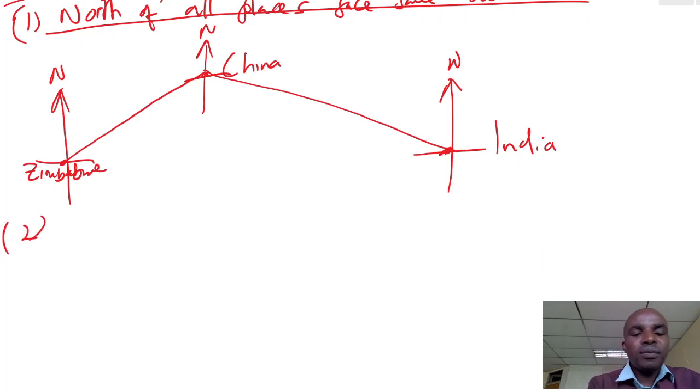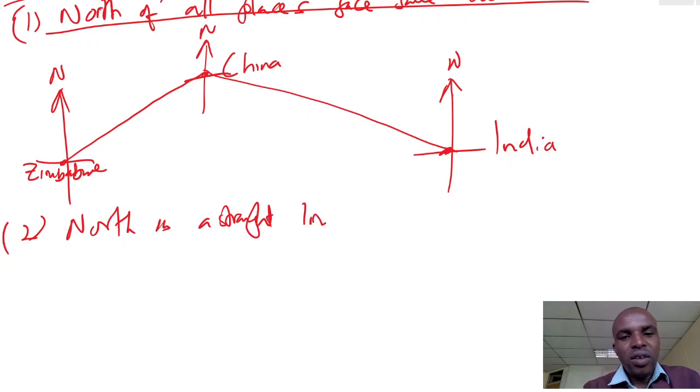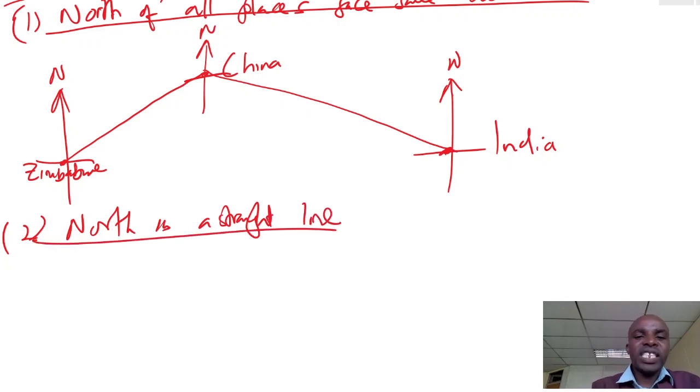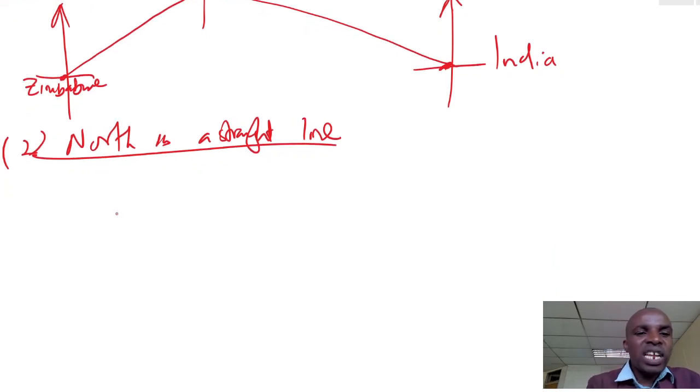Then number two, north is a straight line. From this, you can apply the concept of angles on straight lines. You can have z angles, you can have adjacent angles, but mainly adjacent if it's like this. If this one is a straight line, then I can have north and north, there are two of them.